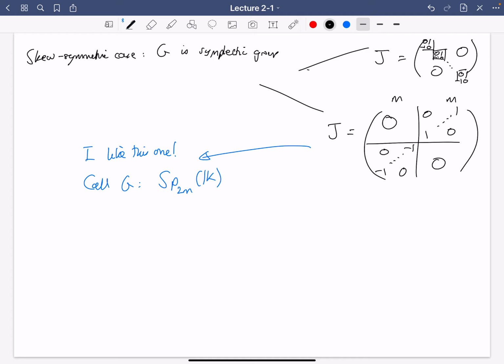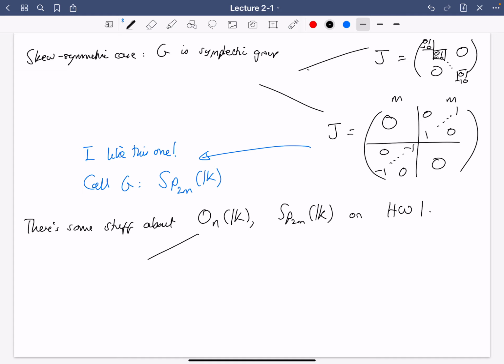So I'm kind of going very quickly through this stuff because there's some stuff about these two groups, ON of K, the orthogonal group, and SP2M of K, the symplectic group, on the first homework sheet. So I'm not going to go into this in any detail right now, but just make sure that you take a look at that.